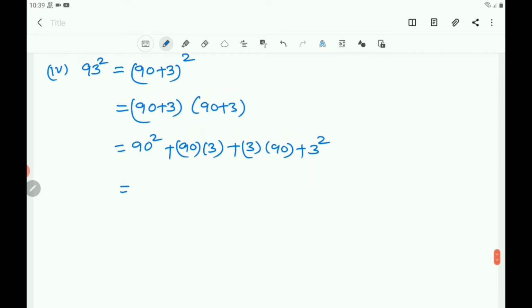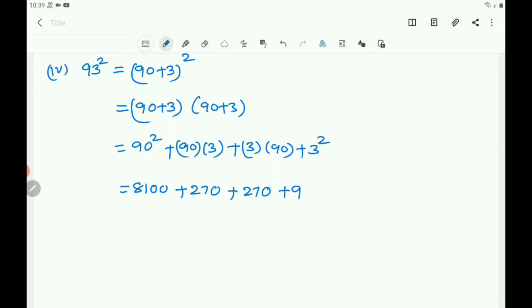9 square is 9 into 9, 81, and 90 has 1 zero, its square has 2 zeros. So 90 square is 8100. Plus 90 into 3: 9 threes are 27, so 270. Plus 3 into 90, 270. Plus 3 square, 3 into 3, 9.